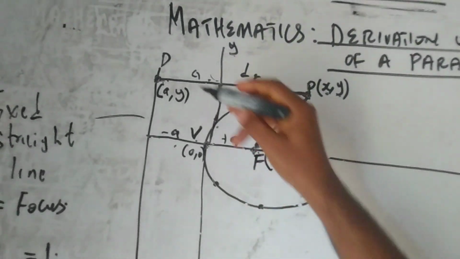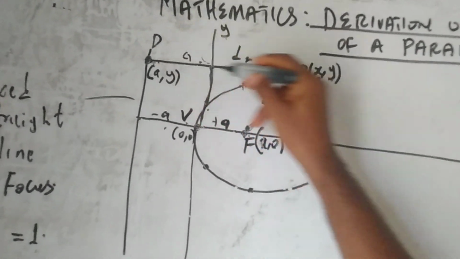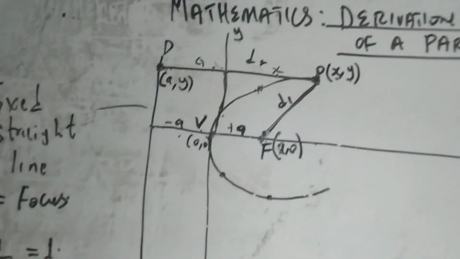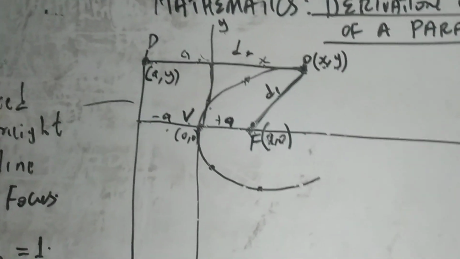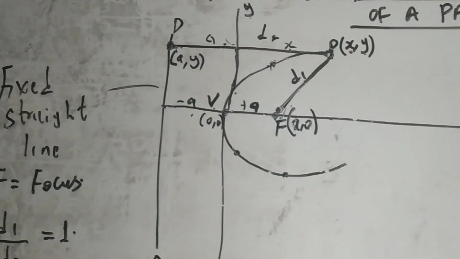So I've obtained the coordinates of the endpoint of this distance d2. Now, if I want to get d1, I can use this formula.